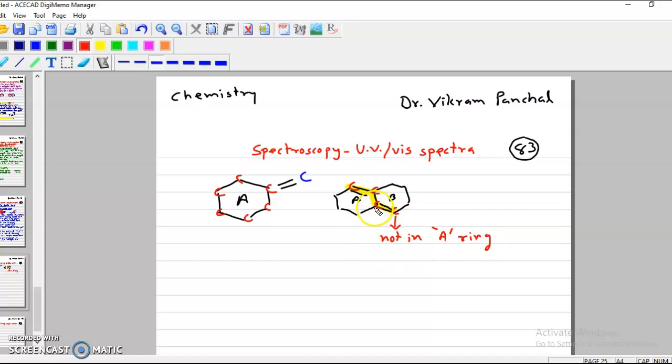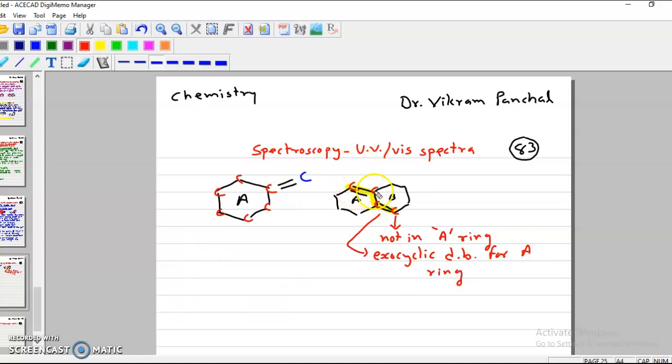Therefore, this becomes an exocyclic double bond for A ring.